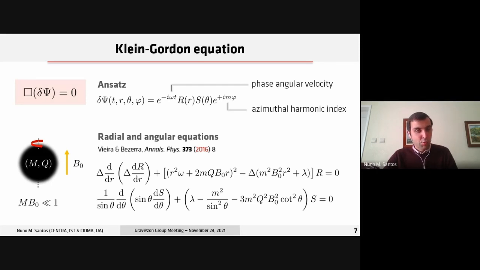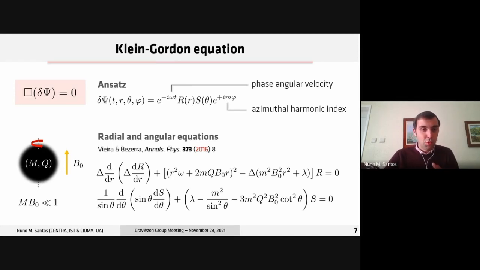Doing that, if we neglect those terms, the Klein-Gordon equation reduces to a radial equation and an angular equation, so two differential equations. These are confluent Heun equations, and they are coupled through the Killing eigenvalues omega and m.